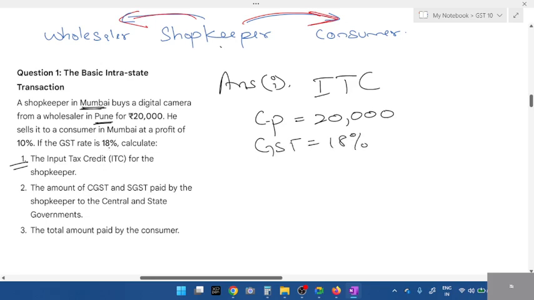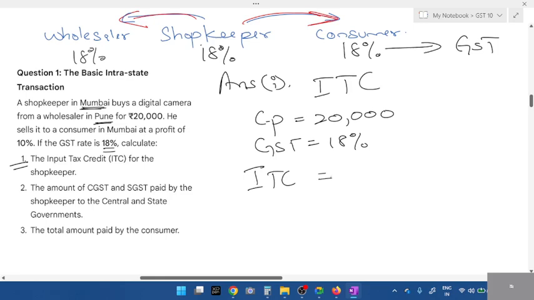Remember, GST is fixed by government. You read the entire question. In the last line, you'll have the GST rate. GST will be same for all the people. 18% for wholesaler, even for shopkeeper 18%, even for consumer 18% GST value. That will not change. Next, input tax credit should be in amount, students. So ITC, input tax credit, is equal to, how do you find input tax credit? 18% of 20,000. 18 divided by 100 into 20,000.